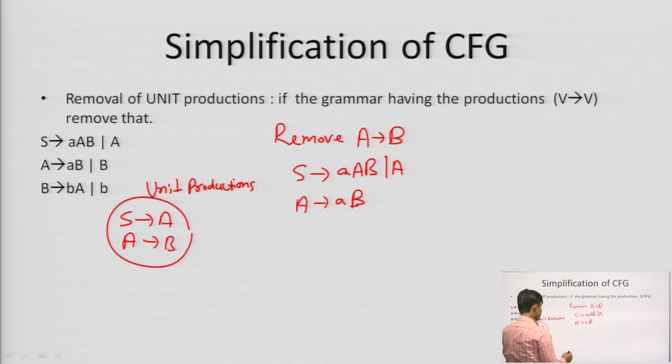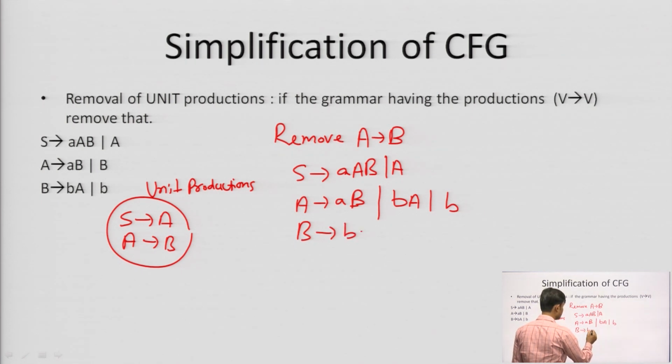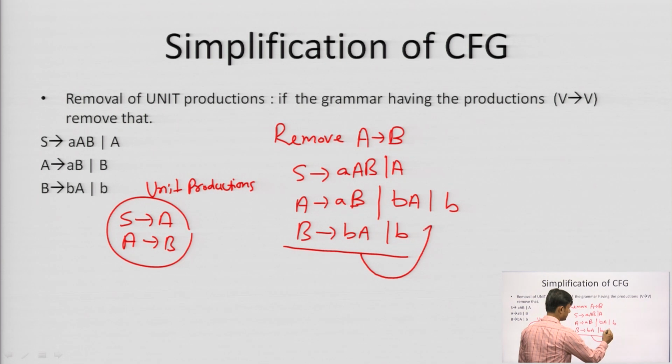When B is removed, you just put whatever symbols are in the production of B, now you have to write in A. B, A and this is B. So, this is B to B, A and B, B to B, A. You just have to put this B here, B is here.